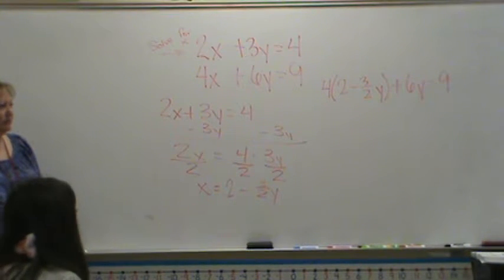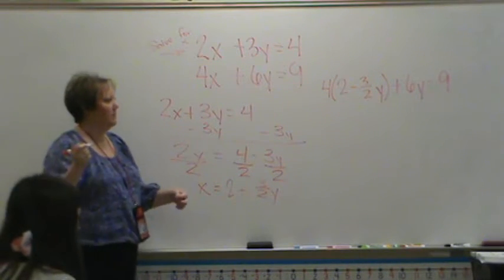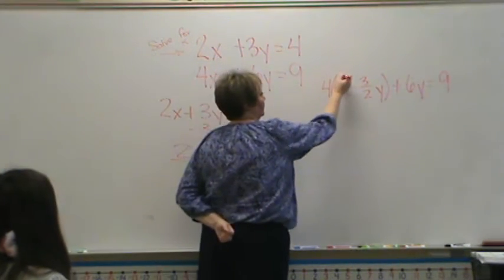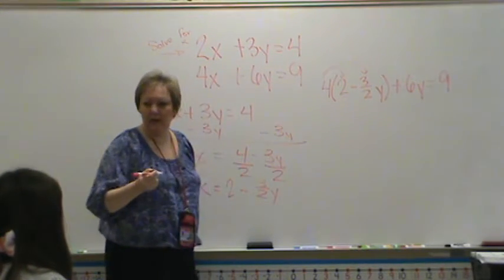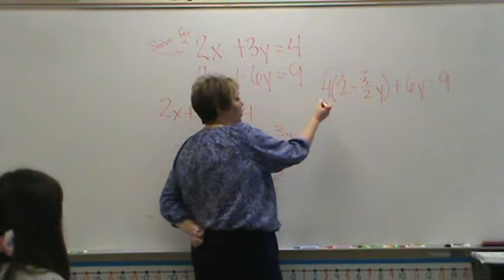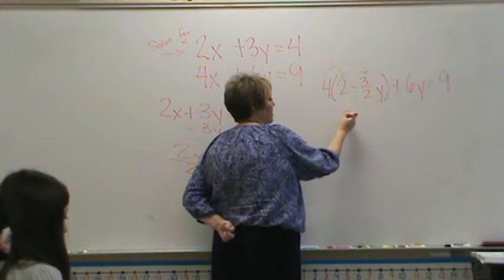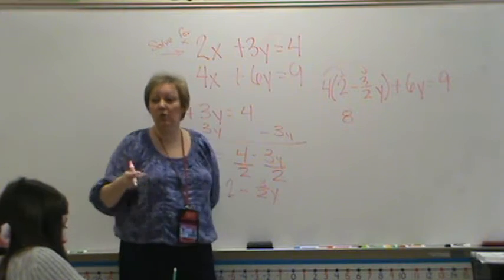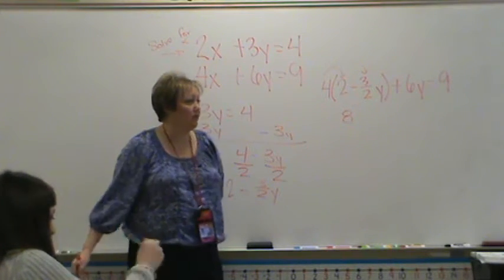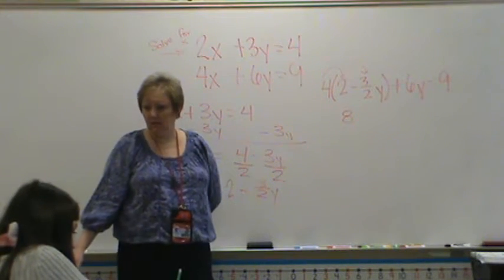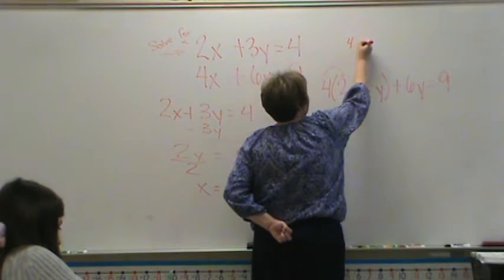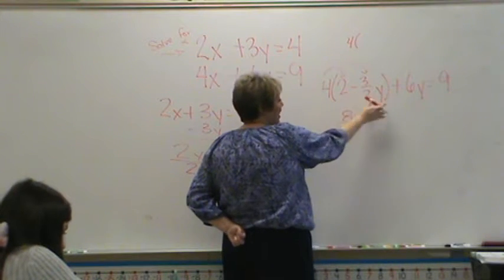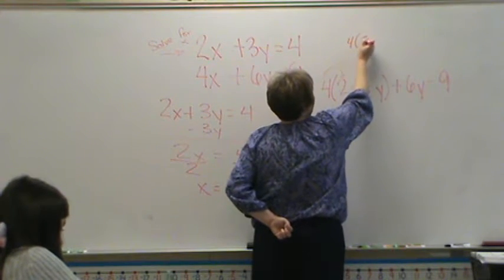Alright, now what do I do? Distributive property. Tell me how. Hug everybody. What do I do when I hug everybody? Multiply. 4 times 2 is? Now, I need you working on fractions. That's why I've given you some fraction problems the last few months, because I need you proficient with fractions. 4 times 3 over 2, I'm going to ignore sign, I'm going to ignore a variable.